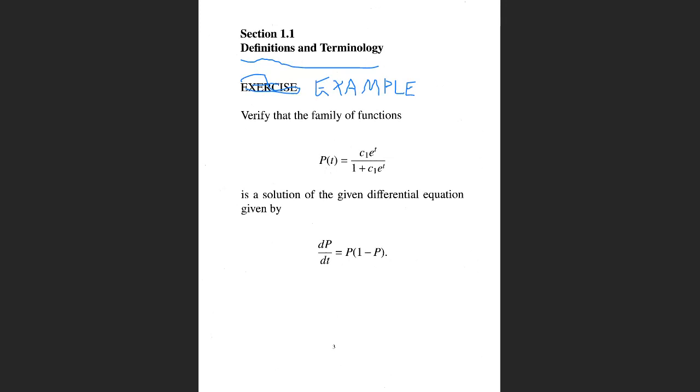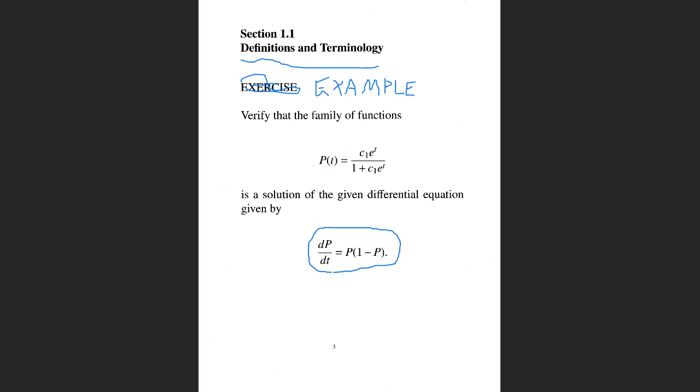In this problem, we have a differential equation, and does anybody know what model this is? dP/dt equals P times (1 minus P). I don't know, you may have seen that in Calculus 2. Population. It's a population model.